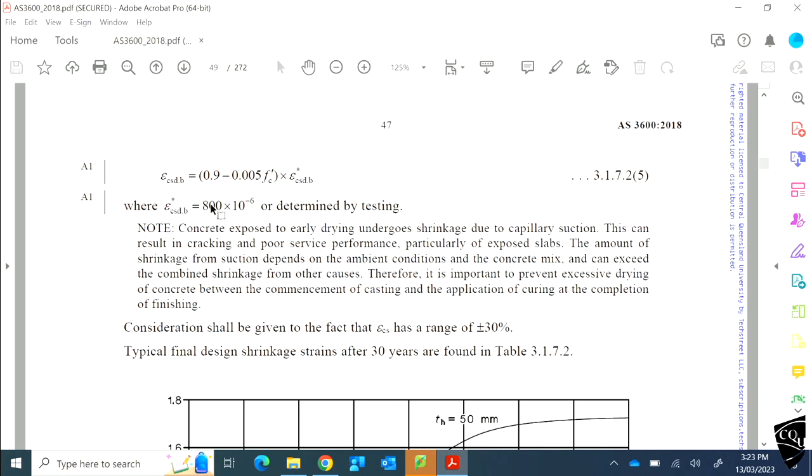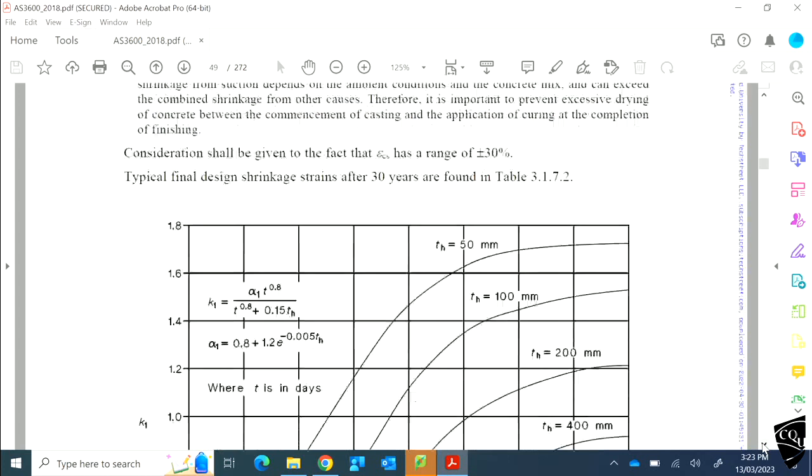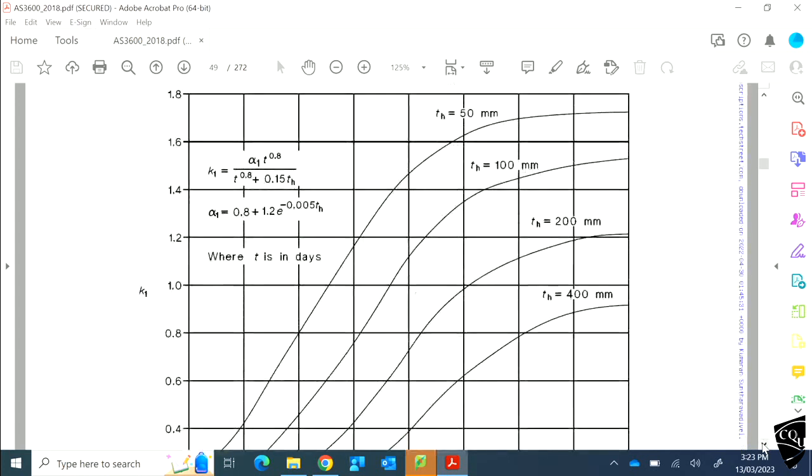So please use Excel so that it will keep all the decimals, so at the end you just round it, okay? So you should be able to find out the drying shrinkage, K1, K4 times this one. So K4 depends on the exposure, then K1 is here. This table is here, otherwise you can use this equation, whatever you like, okay?